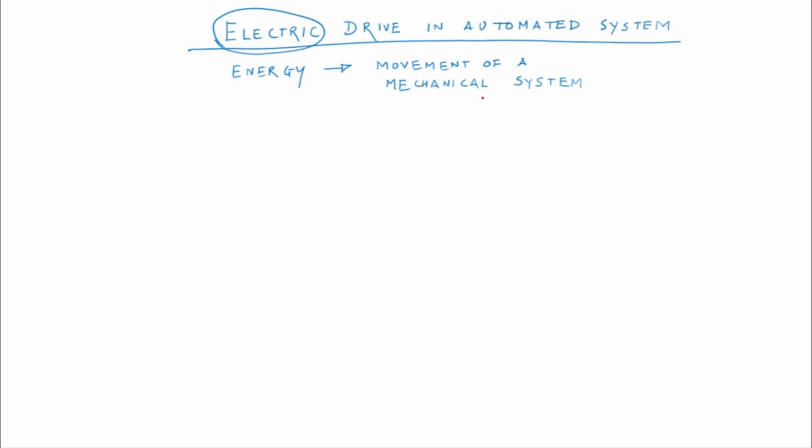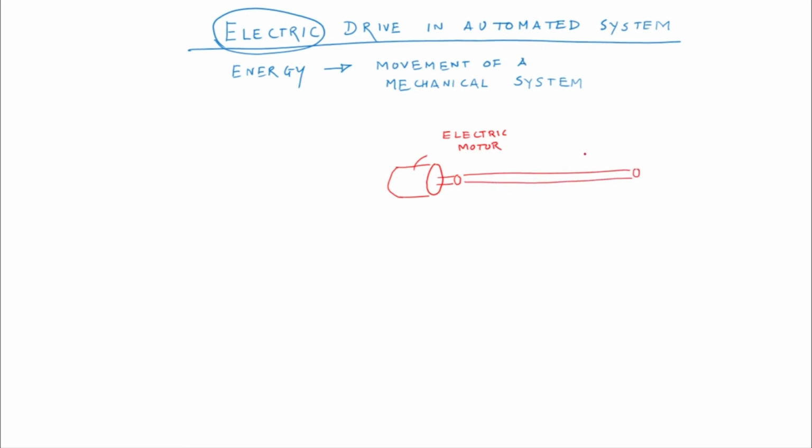What are the various elements of a typical electric drive that we will see? The basic element is the electric motor. As we have seen in our previous slide, we need to have the rotary motion of the ball screw to get the required translatory motion of the table which is mounted on the ball screw.